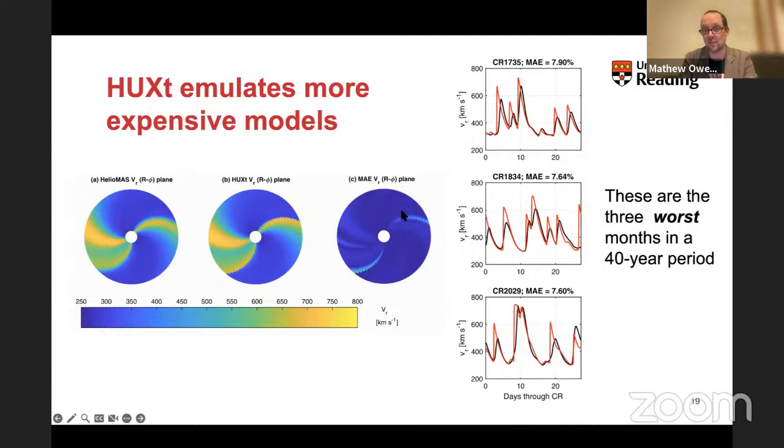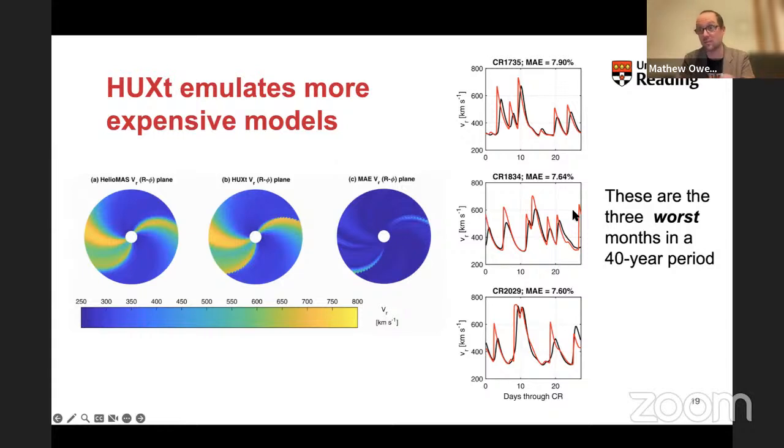If you compute the difference, we did this for 40 years of observations. They do a new solution every month for 40 years. We ran all of them, 700 or so different solutions. These were the 3 absolute worst out of 700. The red is HUXt, the black is 3D MHD.